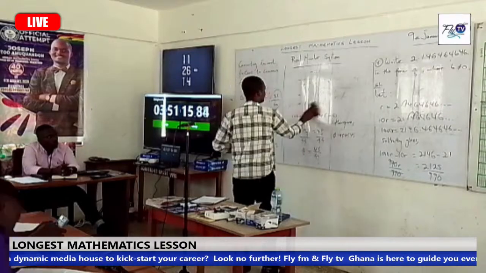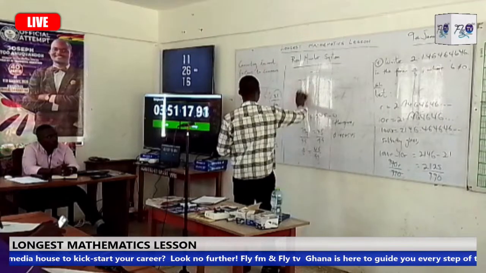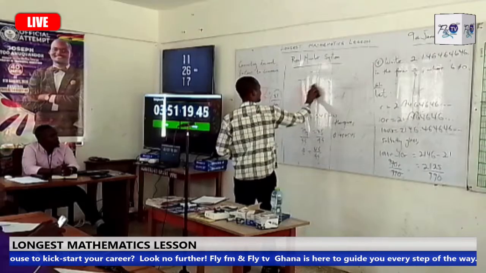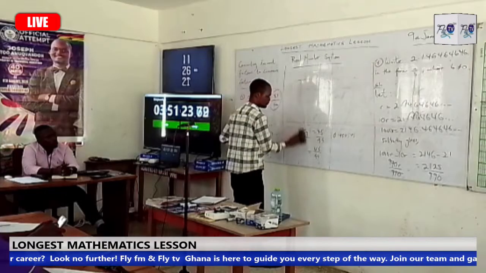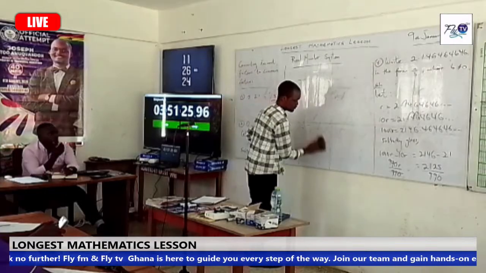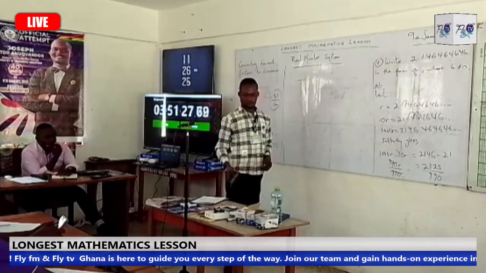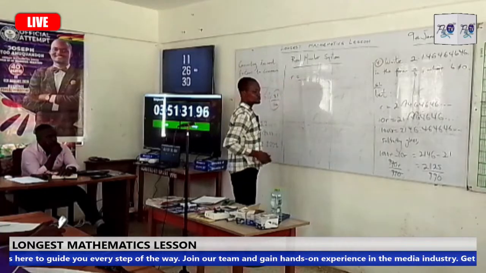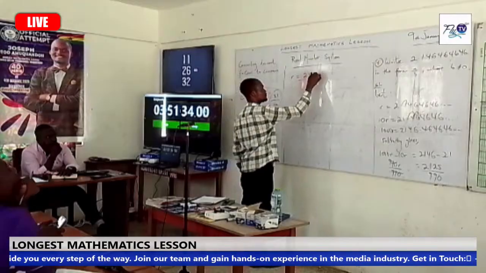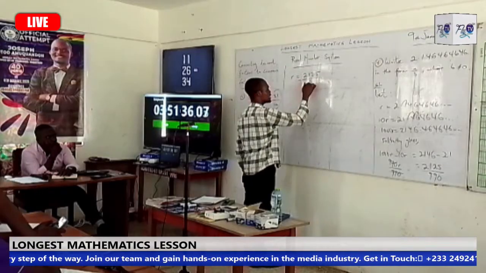Then let's write our fraction here. R is equal to 2125 over 990.